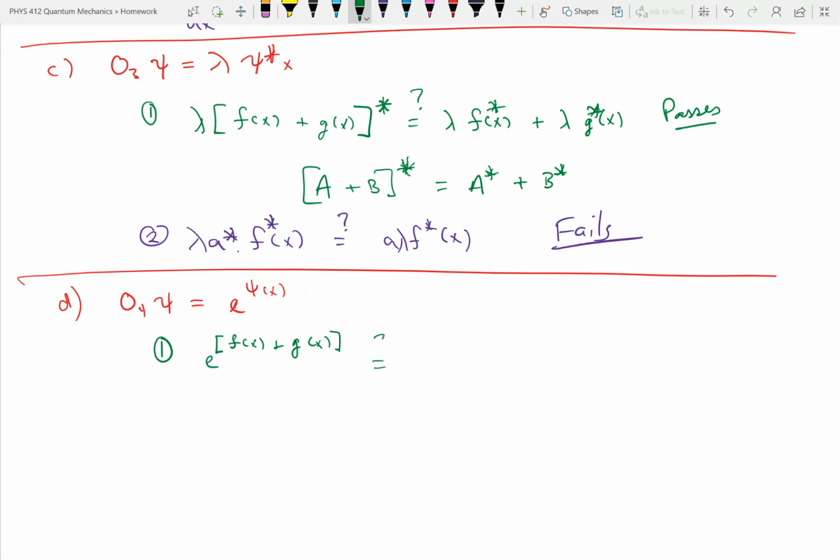I guess having a difference in the way we did it is just something that's different. In which case we'd have e of f of x plus e of g of x.